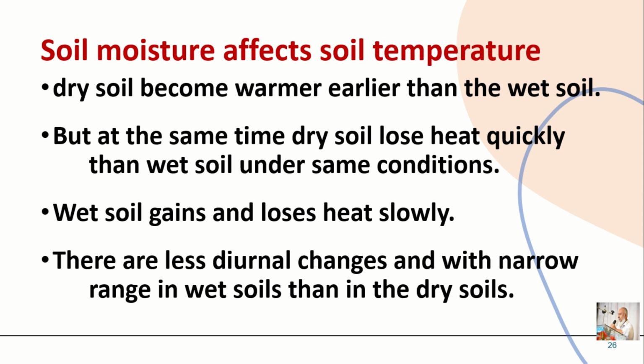Wet sand becomes warmer a little bit later. The loss of heat from dry soil would be much quicker; from moist soil, it would be slow. The same is true for all kinds of soil: clay, sandy, silt or loam.